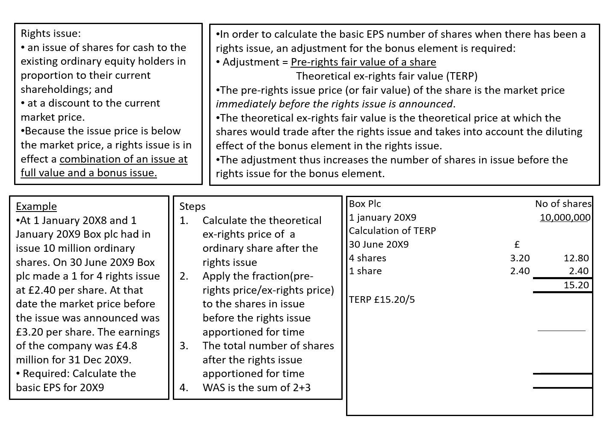To work out the TERP, or the theoretical ex-rights price, we take the 15.20, which is the total value, divided by the total number of shares after the rights issue, which is 5, and we get a theoretical ex-rights price of each share at £3.04.